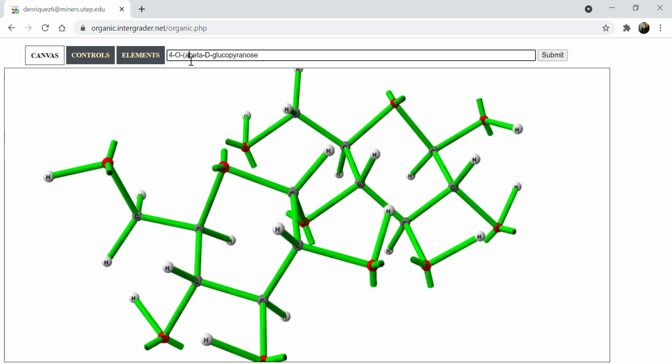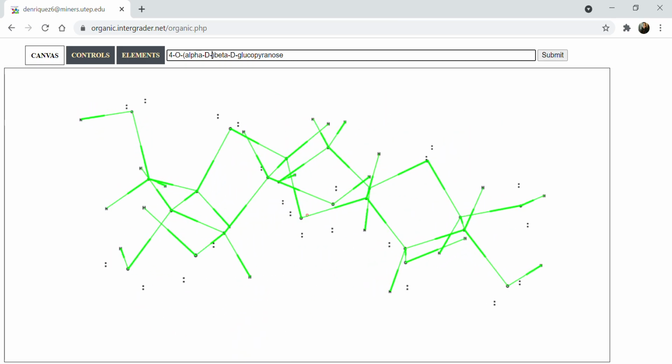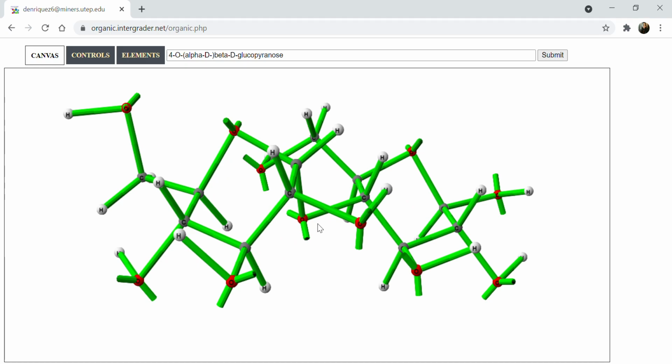So I'm gonna put alpha dash, and then my methoxy group is facing up. So I'm gonna do D dash, let me put my parentheses already. Okay, so I've got down, so it's right, left, up, right, right.